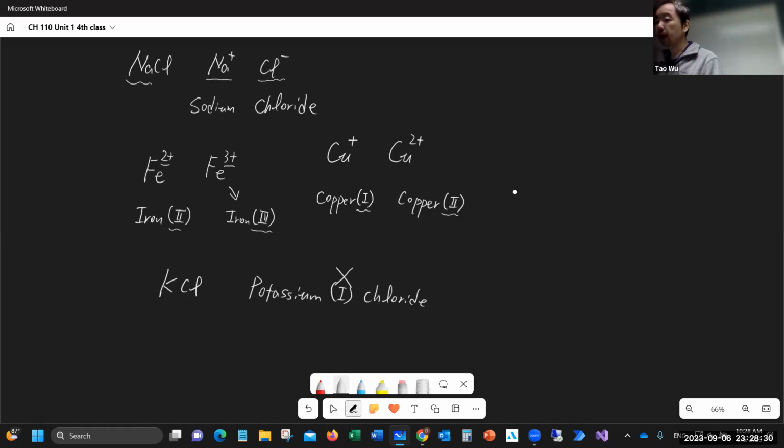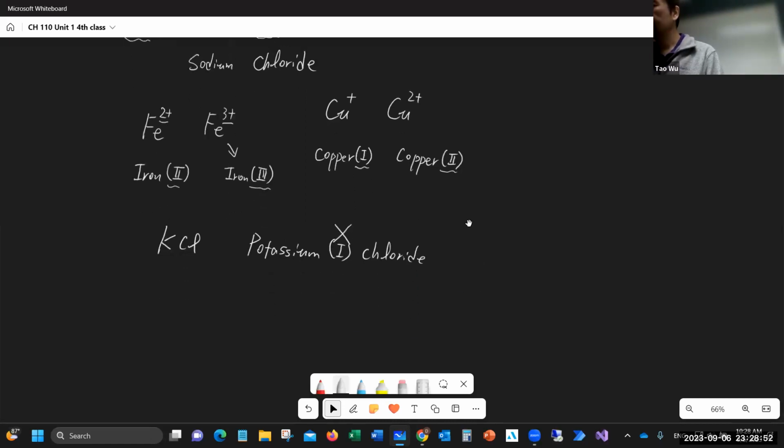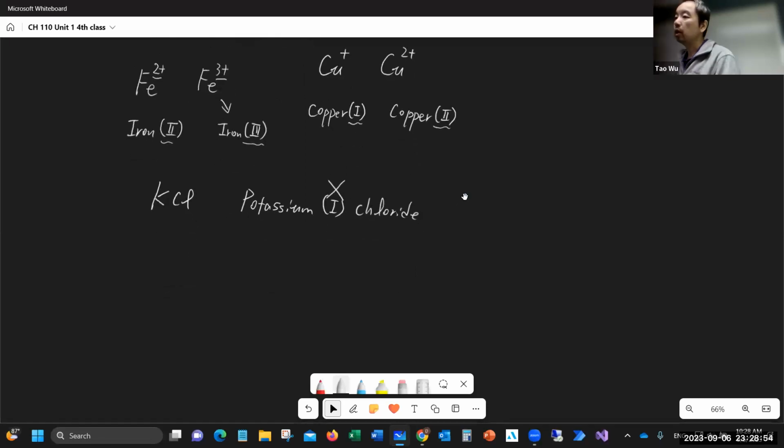You should write potassium chloride instead of potassium 1 chloride. So that's why some of the ions you need to specify. When you write the common ions, you need to make sure, is this specified or not? So these are the common ions.